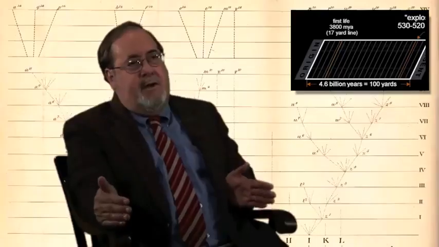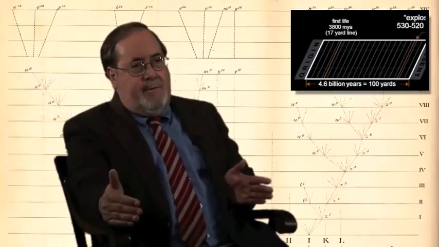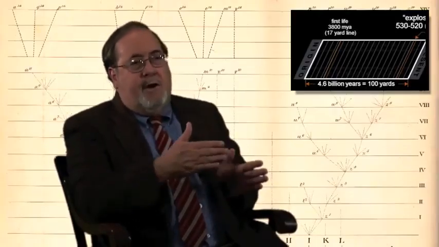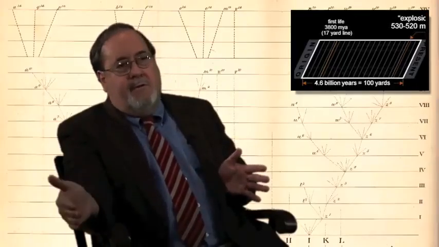The suddenness can be illustrated perhaps by thinking of a football field. If you were to start at one end of a football field and walk toward the other, and the football field represents the entire history of life, you'd walk 25 yards, the first line, from the origin of life. The first 25 yards, small single-celled organisms. The next 25, same thing. The next 25, same thing.